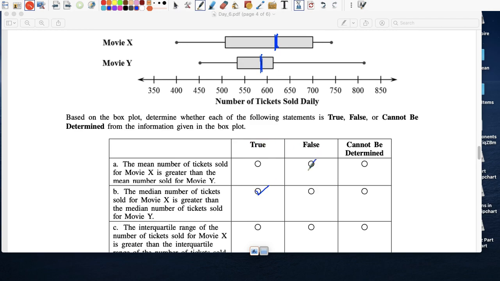The previous one was false. The interquartile range for the number of tickets sold for movie X is greater than the interquartile range for movie Y. So definitely also true. Look, when you talk about interquartile range, you're talking about the size of this box. Is that bigger than this one? Yes, it is. So also true.